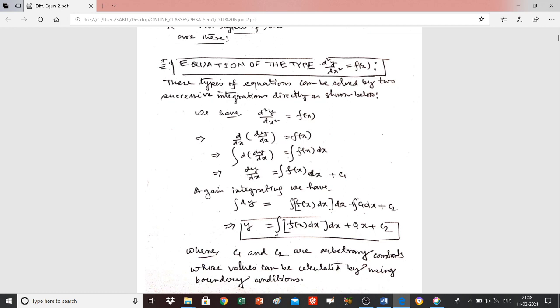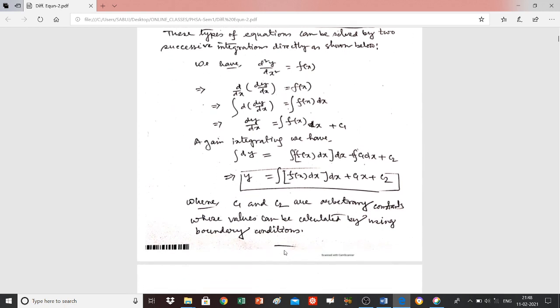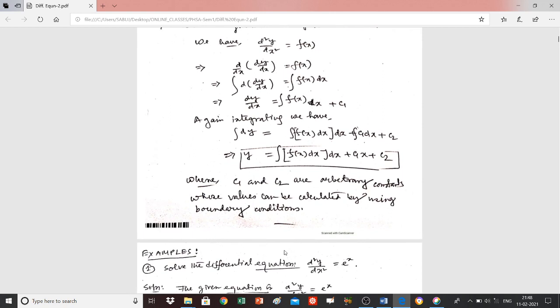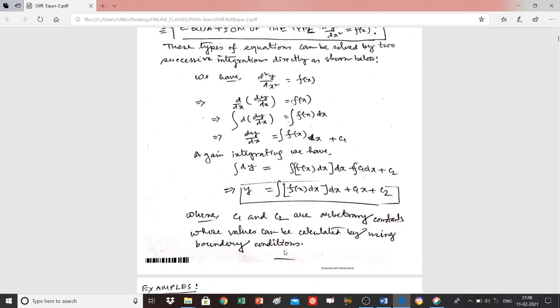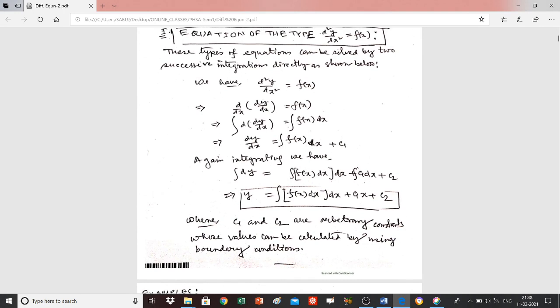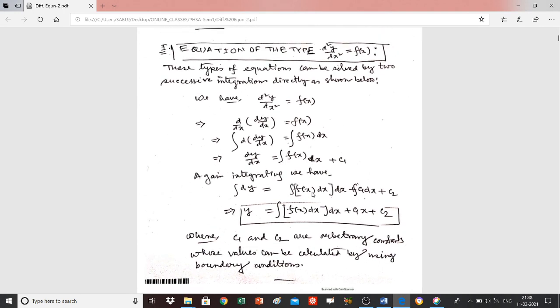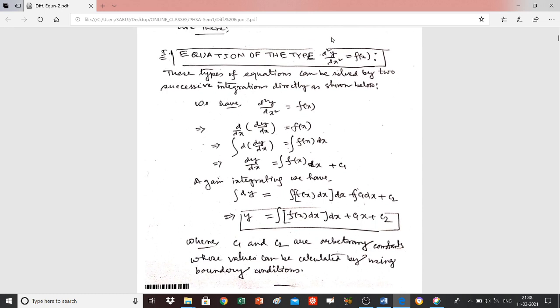So y is equal to integration of integration f(x) dx dx, plus c1x plus c2, where c1 and c2 are two arbitrary constants whose values can be calculated from the given boundary conditions that will be provided in some problems. So this is the process by which you can solve a second order differential equation having the form d2y by dx square is equal to f(x).